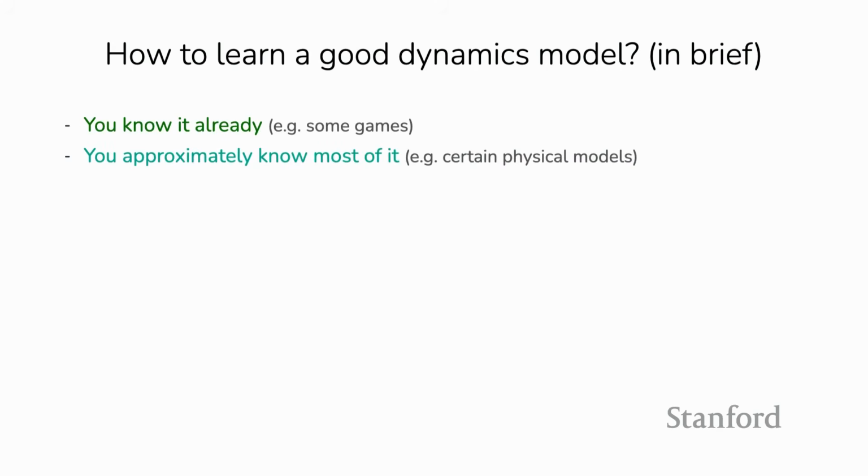There are also scenarios where you might know most of the model, like if you are in a simplified robotic control setting where you're trying to push an object on a table. Maybe you know most of it, but you don't know the friction coefficient of the table.